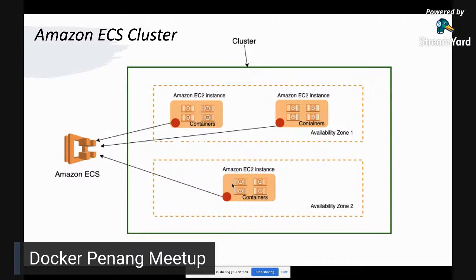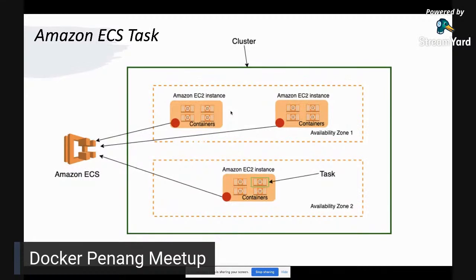The agent itself is a container which allows the EC2 instance to talk to the backend logic of Amazon ECS. It allows resource management, lifecycle coordination, and efficient scheduling of containers on the EC2 instances. So basically, cluster is the place where you will be running your containers.